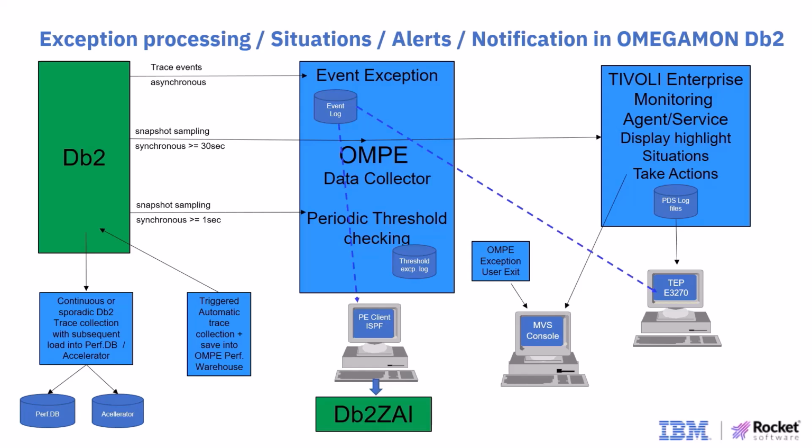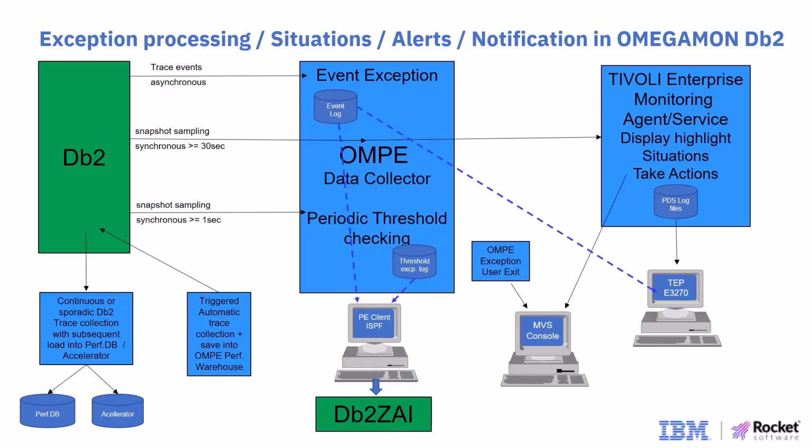The user can receive immediate alerts or review them later in the log file. The second way is to activate the periodic sampling of synchronous snapshot data, which are checked against the user-defined thresholds. Again, alerts can be received immediately or reviewed from the threshold exception log with its details.